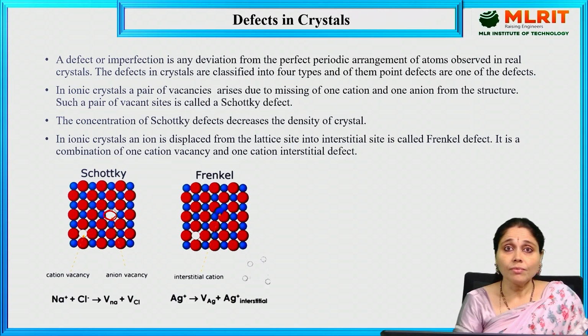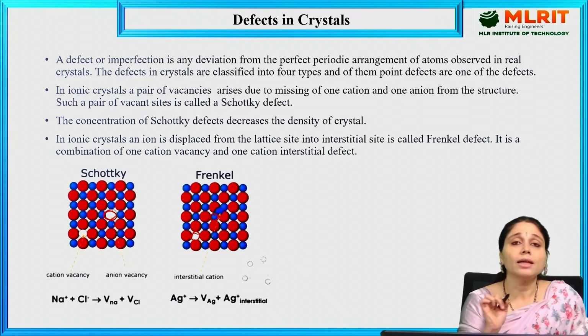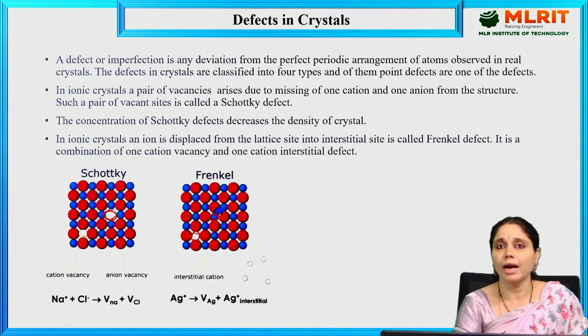If the atom or ion is moved from its place and just comes in between the other atoms, it occupies a position in between the other atoms.